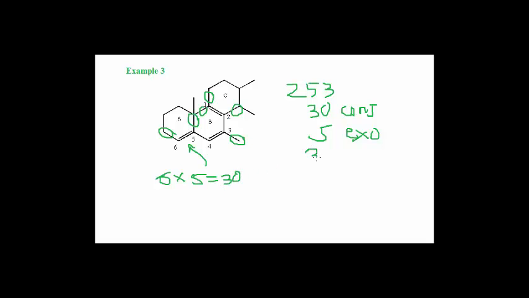So 30 for the alkyl substituents, and let's add them all together. That's going to be 8, 6 and 5 are 11, carry 1, so that's a total of 318 nanometers. So our estimated lambda max for this molecule is 318 nanometers.